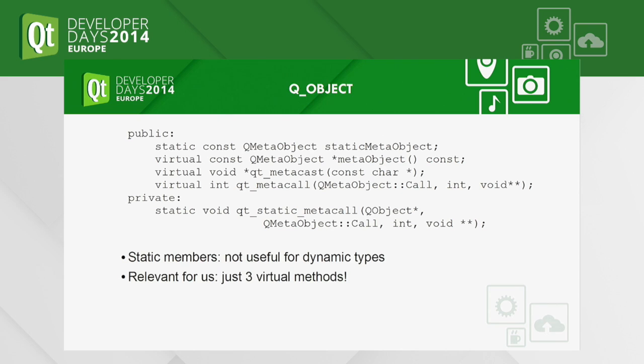QObject. So Q_OBJECT is a macro that injects a number of member variable and method declarations into our own class. Some of this is shown here. I simplified it a bit and removed the stuff that is either boring or irrelevant for what we are doing here. The first one, static const QMetaObject, is a compile-time static variable.